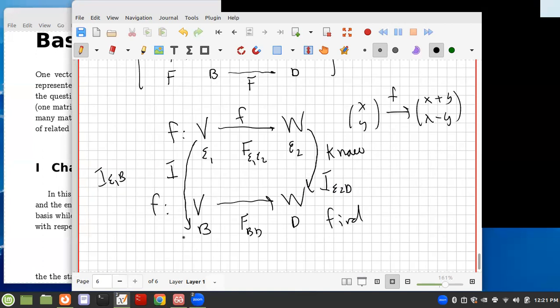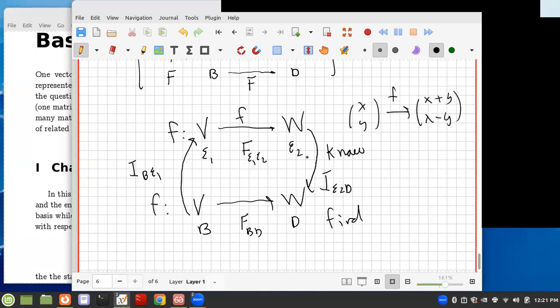On the other hand, what I really wanted was to start here and go here. This will be the identity matrix from B to E1. Then I go over here and come down here. So one way to find this matrix was to change bases to here, apply the known thing, and then use the identity to go back this way.